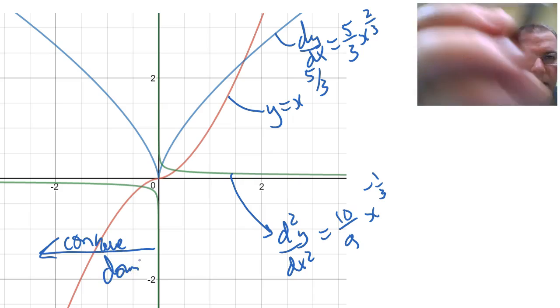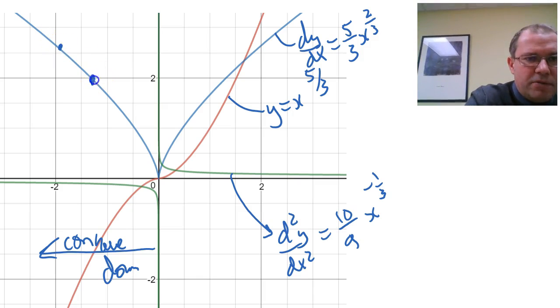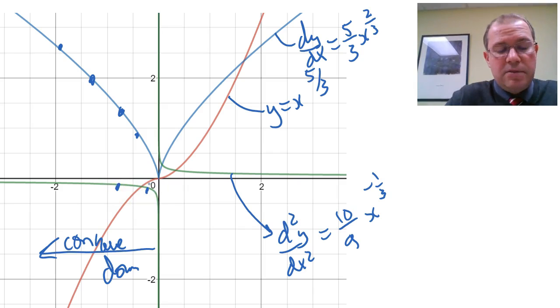Notice that the y values of the first derivative are decreasing, which means that the y values of the second derivative are negative numbers. So when the y values of the second derivative are negative, it means that the y values for the first derivative dy/dx are decreasing, which of course means concave down.